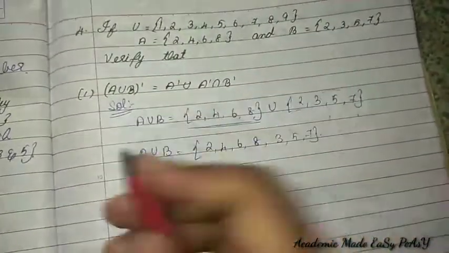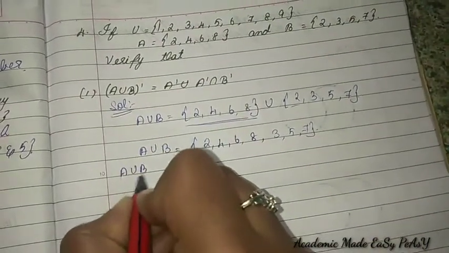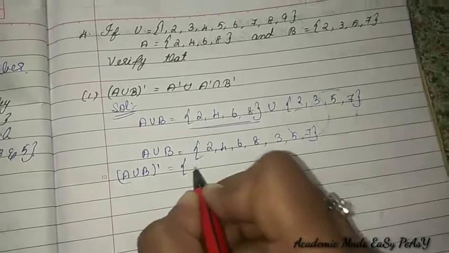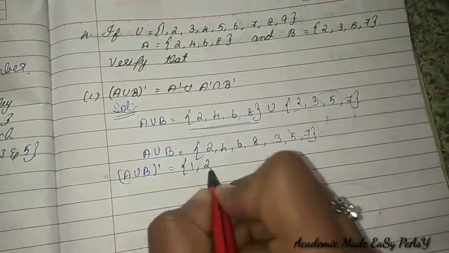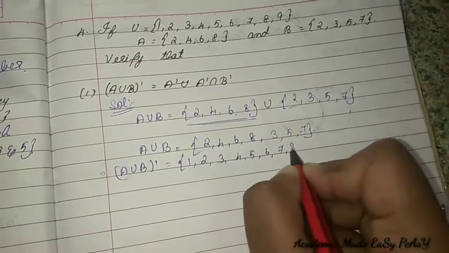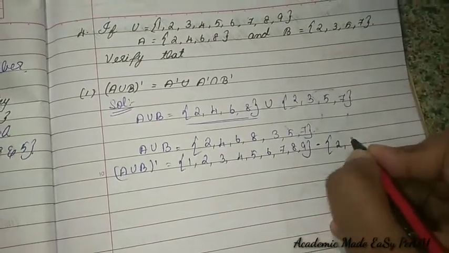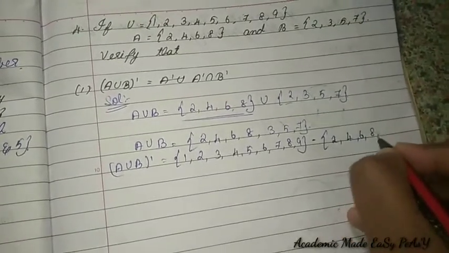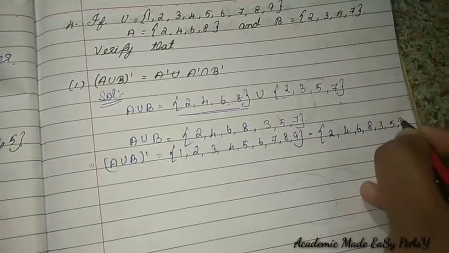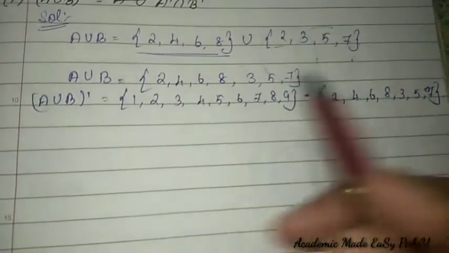So now we have to find (A union B)'. No. So (A union B)' is equal to U difference A union B. What is U? 1, 2, 3, 4, 5, 6, 7, 8 and 9. Difference 2, 4, 6, 8, 3, 5 and 7. No, I've already taught you how to find the difference in complementation.